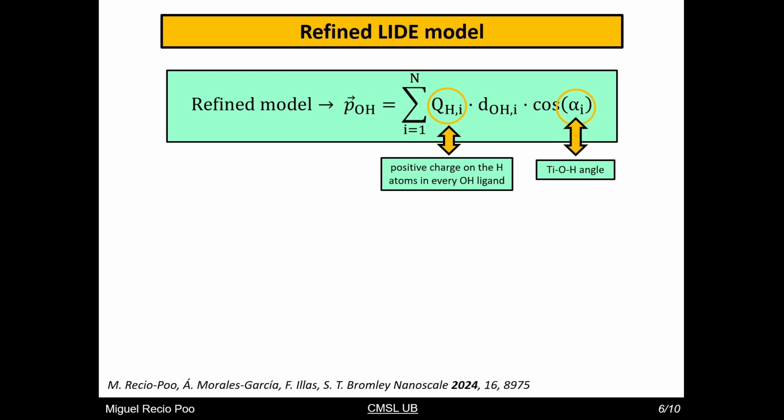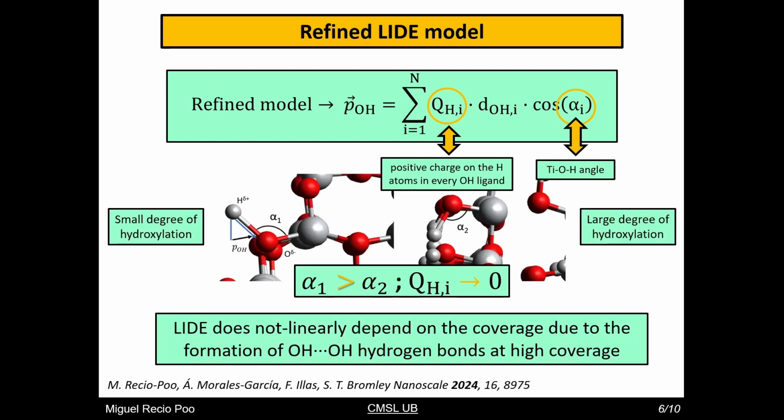So we propose this refined model in which the total dipole is calculated with the positive charge on the H atoms in every OH ligand, and to project the dipole towards the center of the nanoparticle, we also take into account the distance between O and H in each ligand and also the cosine between titanium, oxygen, and hydrogen. The novelty here, and this is why we call it the refined model, is that we have realized that depending on the degree of hydroxylation, the alpha angle and the positive charge on the H atom go down and become closer to 0.